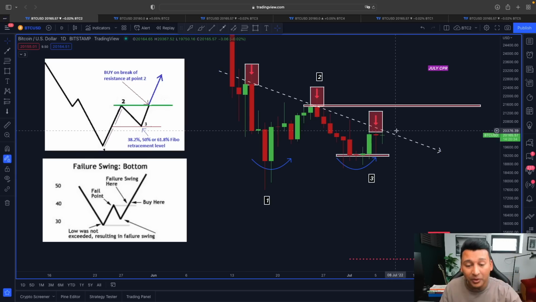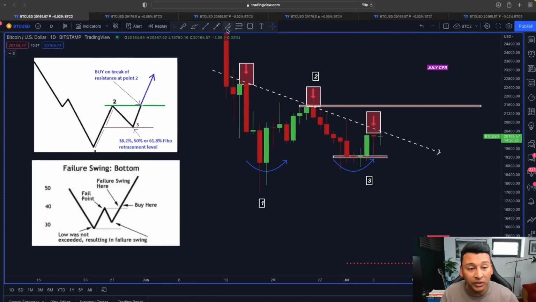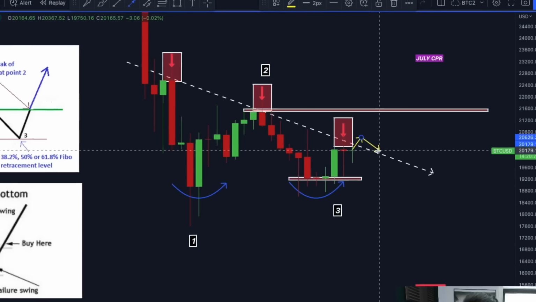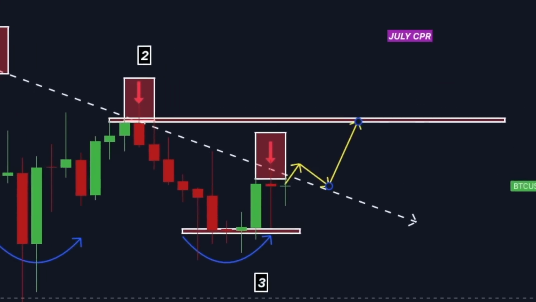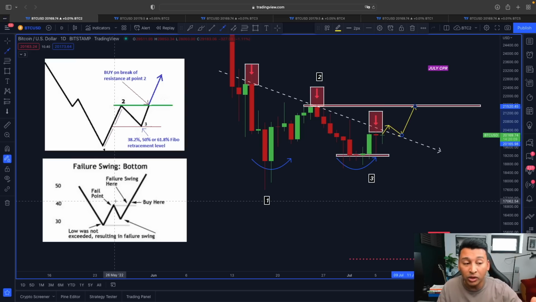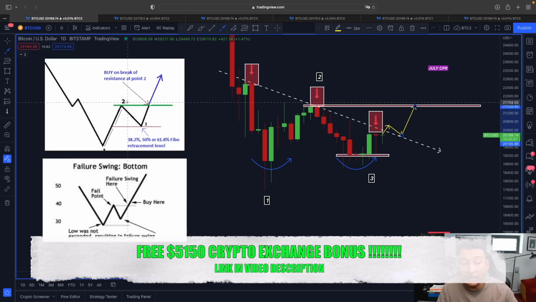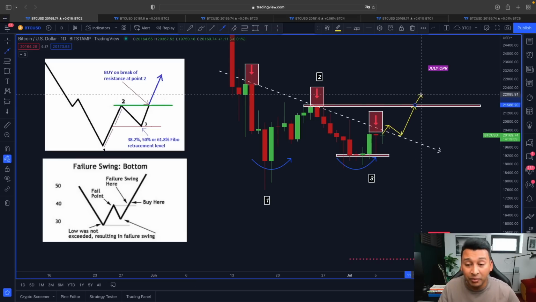So if the price in the medium short term is able to break above 20,400, 20,500 and close the candle above it, then the next potential target is going to be this 0.2 area, because according to this failure swing bottom and also the 1 2 3 reversal, 0.2 is the most important line we have to break in the upcoming days for Bitcoin. And if we break above it and also find support above it, then there is a very high probability that this trend is going to continue this rally to the upside.